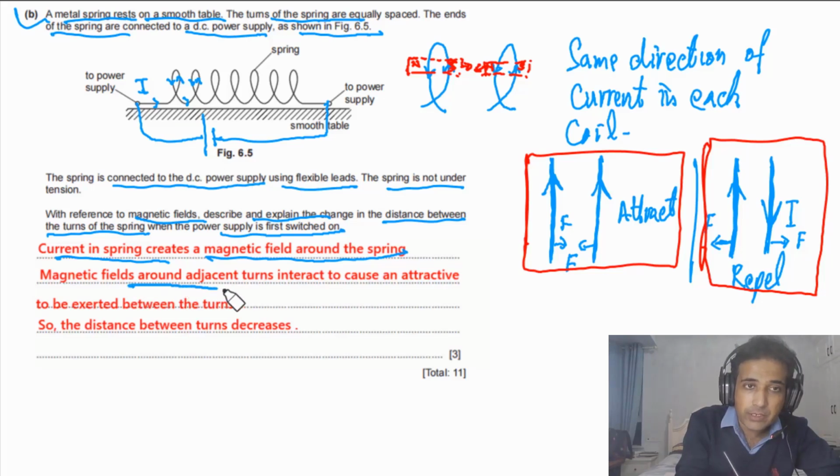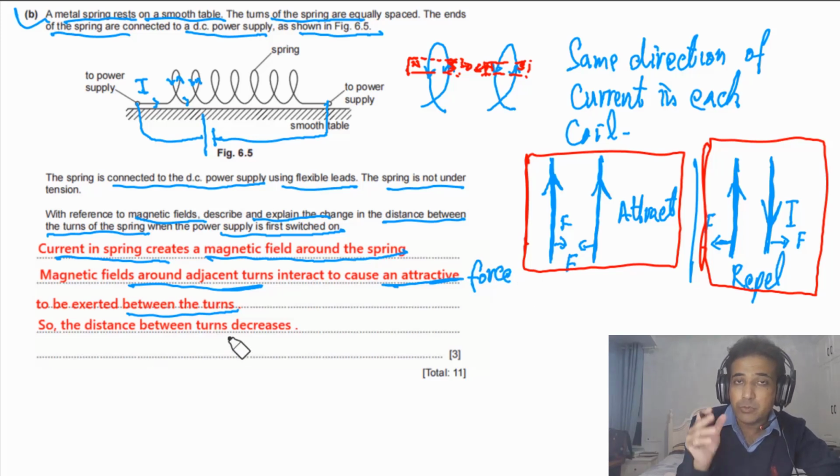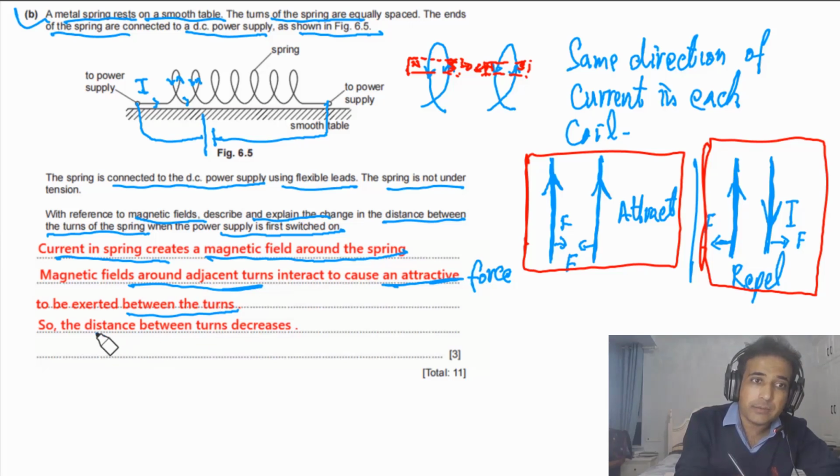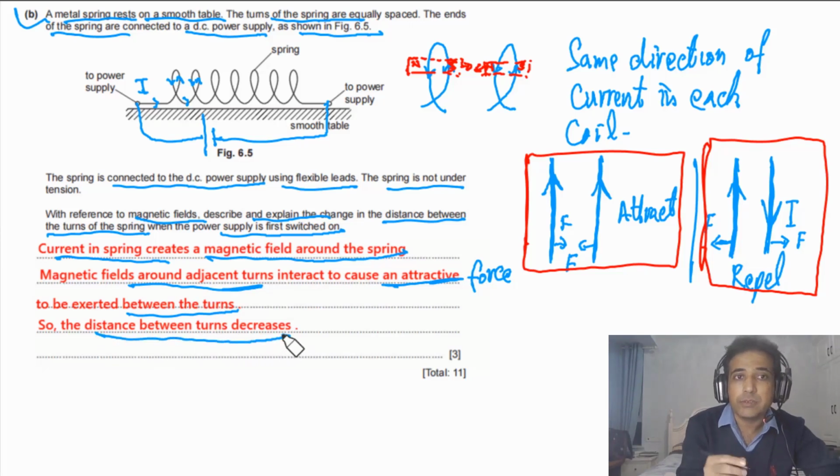Magnetic fields around adjacent turns interact to cause an attractive force to be exerted between the turns, meaning they attract each other, and the distance between turns decreases.